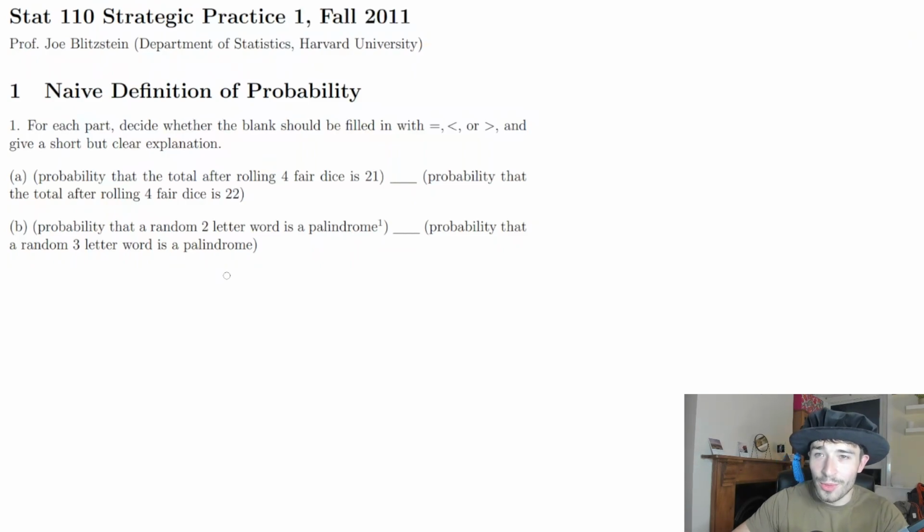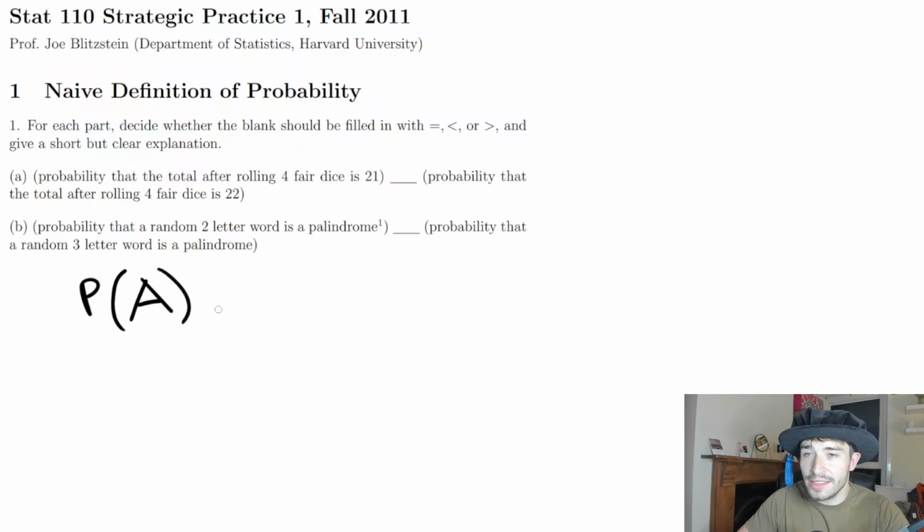Okay, so to start off with, let's just go over what the naive definition of probability is so we're all on the same page. The naive definition of probability states, say we have some event A and we want to know its probability.